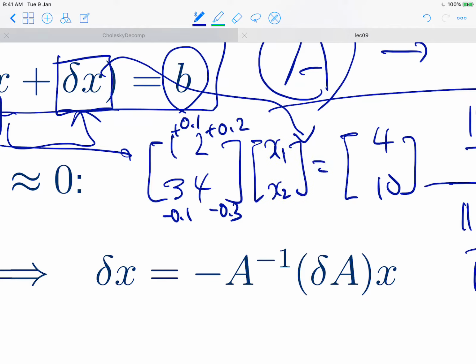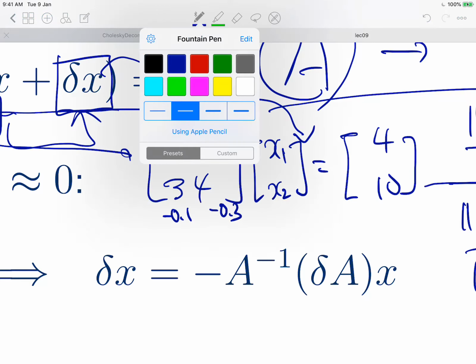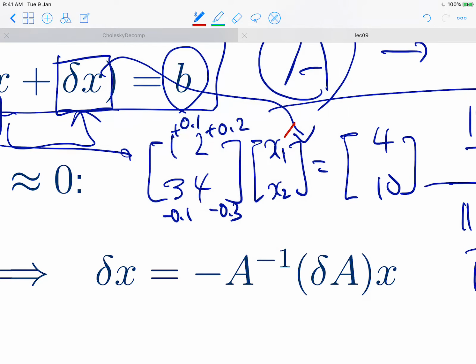I generated this example having the solution 2 and 1 in mind, right? So without any perturbation of the matrix and with fixed b vector, the corresponding output of x will be 2, 1.